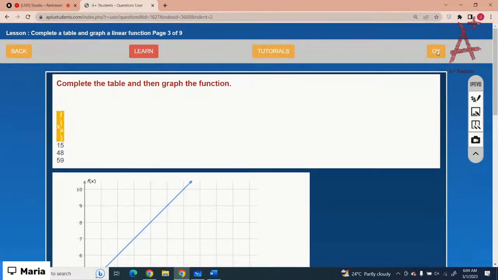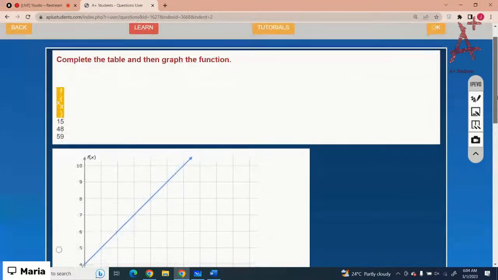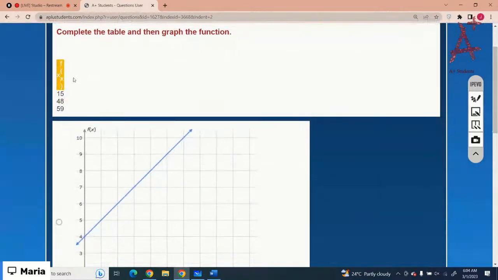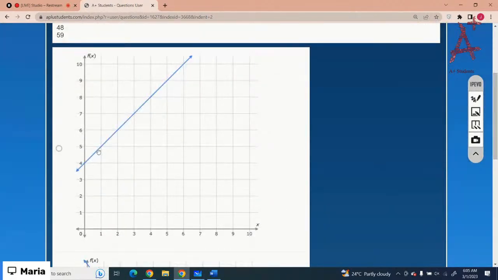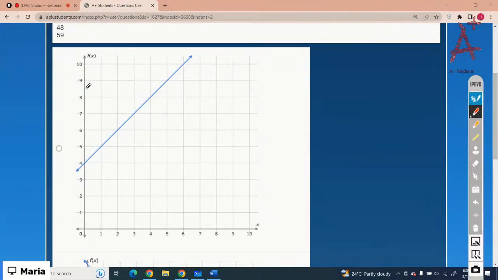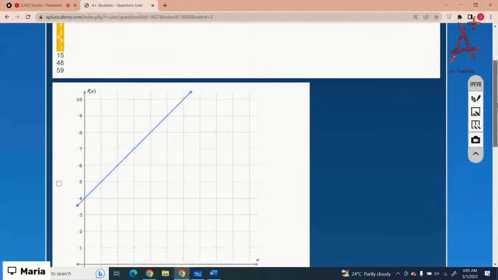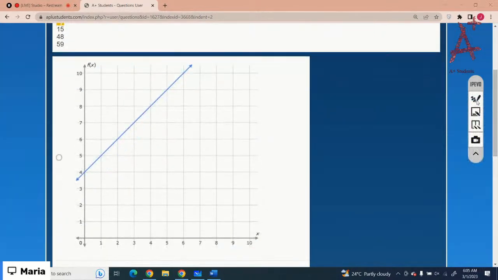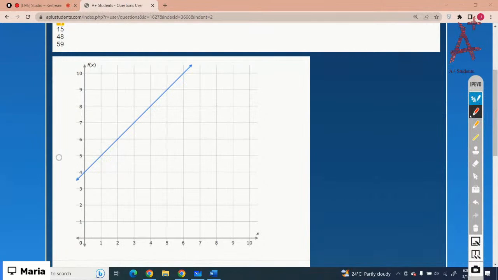Okay, complete the table and then graph the function. So the points you are given are 1, 5, 4, 8, 5, 9. Okay, just match the points 1 and 5. Here you have 1 and 5. Then you have 4, 8 and 5, 9. X is 4, y is 8.